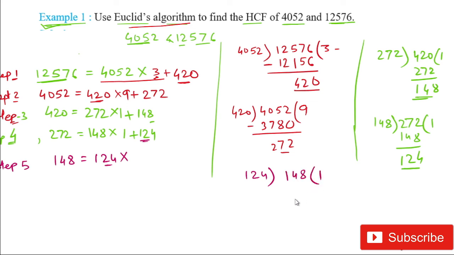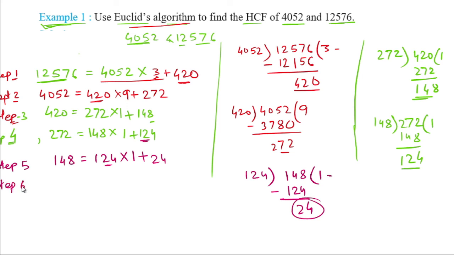It is again 1 time. So 124 subtracting, 8 minus 4 is 4. 4 minus 2 is 2. Now here quotient is 1. So we'll multiply it by 1 plus remainder again 24. So we'll have to take one more step.